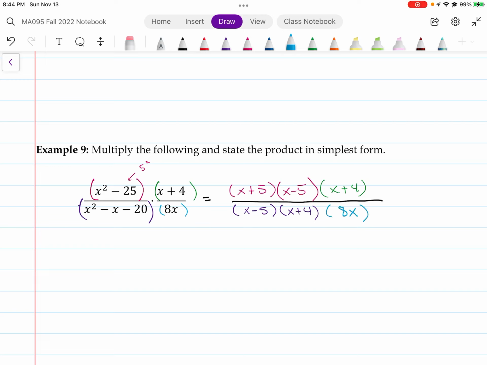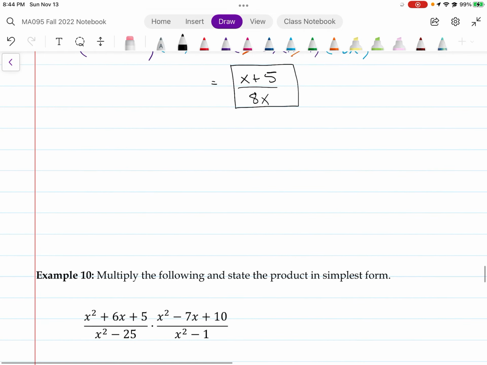All right, so now notice we're not worrying right now about domain. I want to focus more on this process. So I've got an x minus 5, and I've got an x plus 4 that cancel out, and I'm left with x plus 5 on top and 8x on the bottom. So that's simplified down to that.